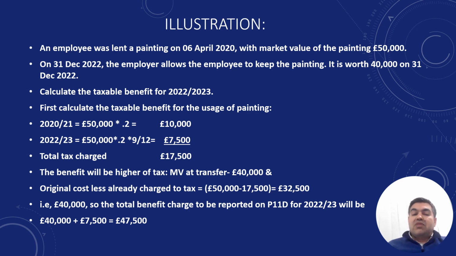The benefit will be the higher of the market value at transfer, 40,000, and the original cost of 50,000 minus the amount already subject to tax charge, that is 17,500. So you need to choose the higher between 40,000 and 32,500. Obviously you will choose 40,000, and this would be reported on your P11D. Remember, £7,500 is the additional tax because it was given on 31st December 2022. For the 9 months, there's already a tax charge.